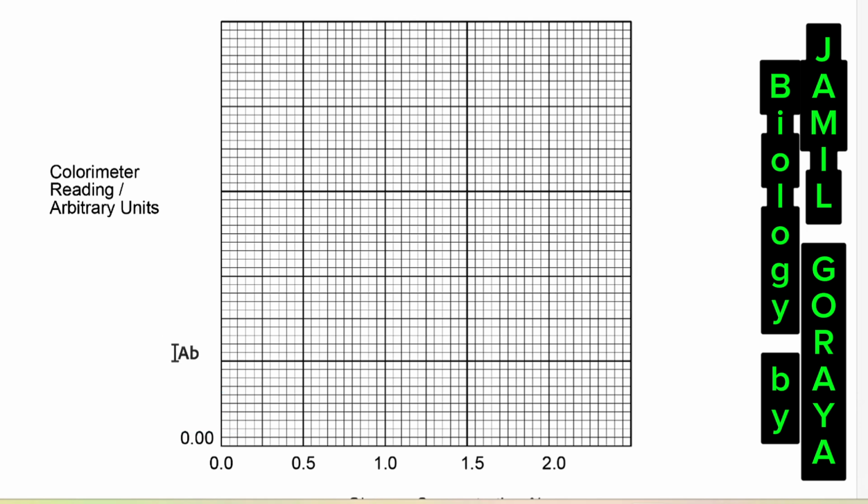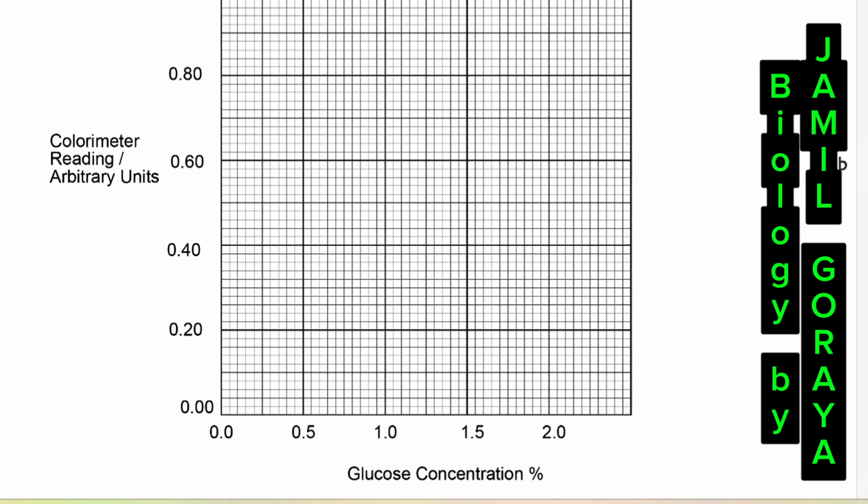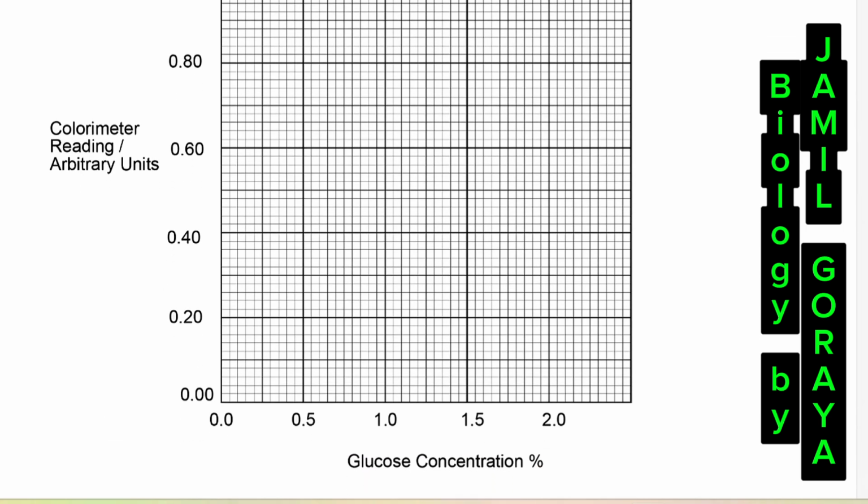Then it will be 0.20, then 0.40, then 0.60, then 0.80, and the last will be 1.00. So this is how we make a linear scale on the x-axis and on the y-axis. This will give a second mark. First for labeling the axis, both x and y, and second mark for making a linear scale.